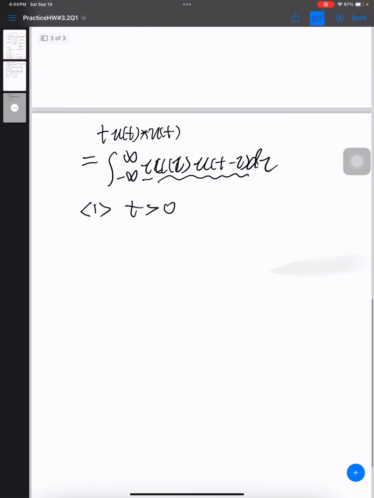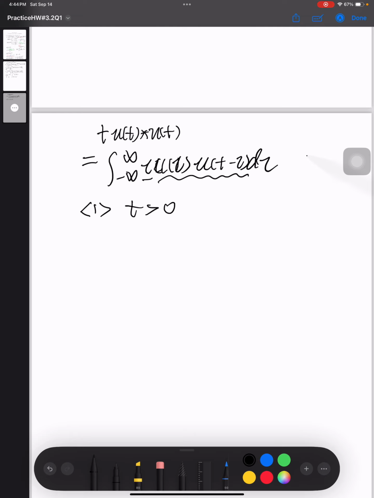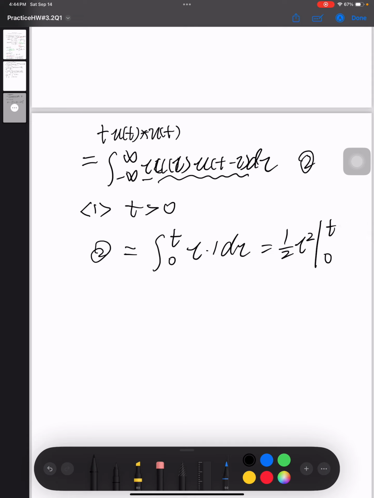So let's see. When t is larger than 0, we name this equation 2, and we get the integral from 0 to t of tau times 1 d tau, which gives 1 over 2 t squared.